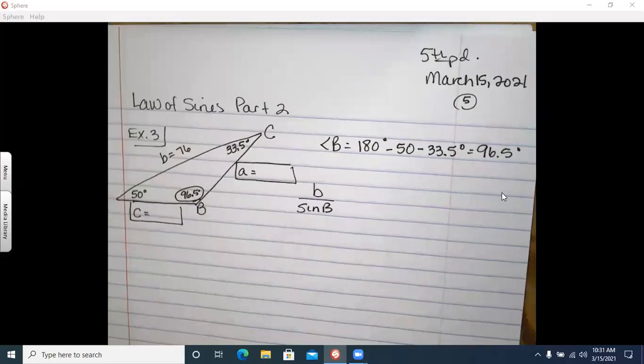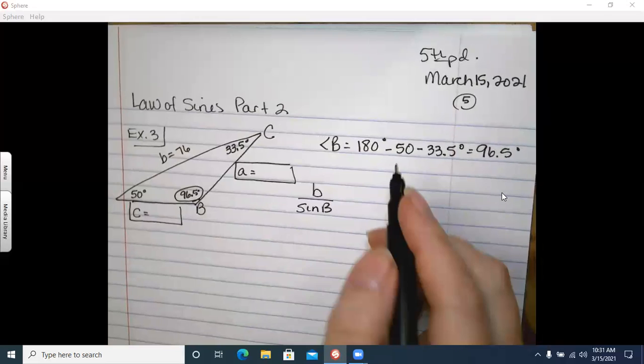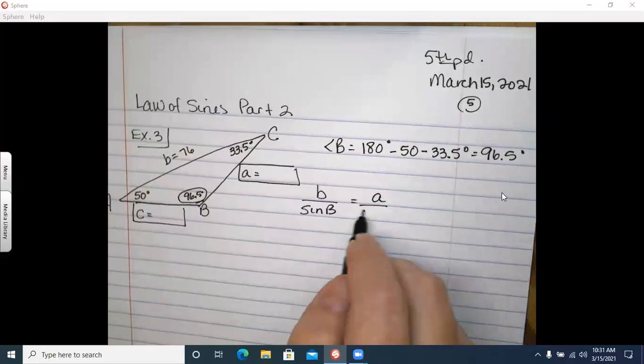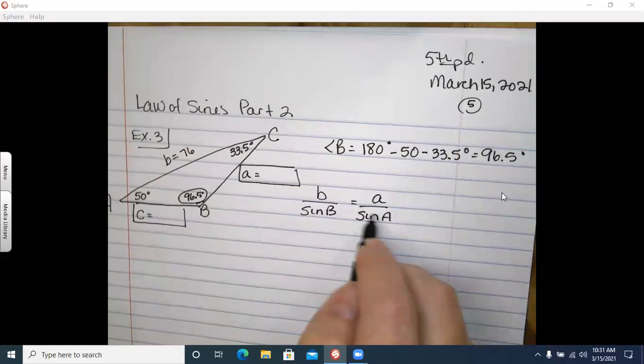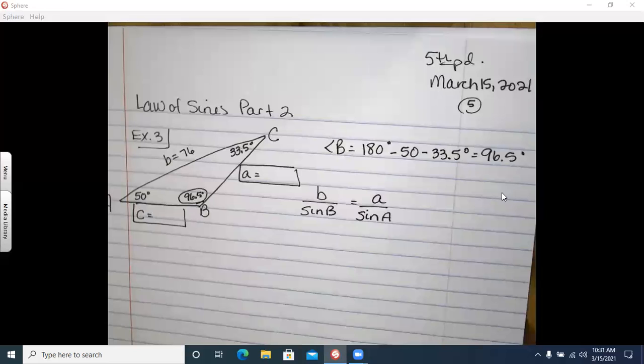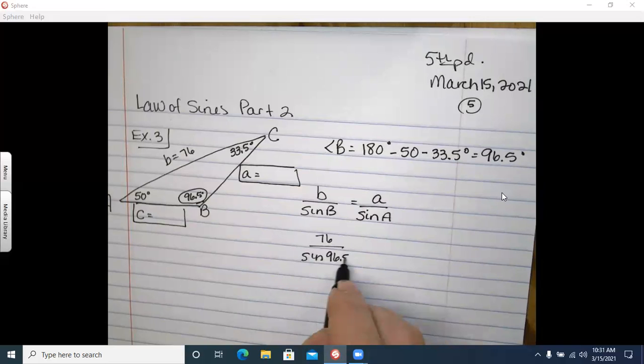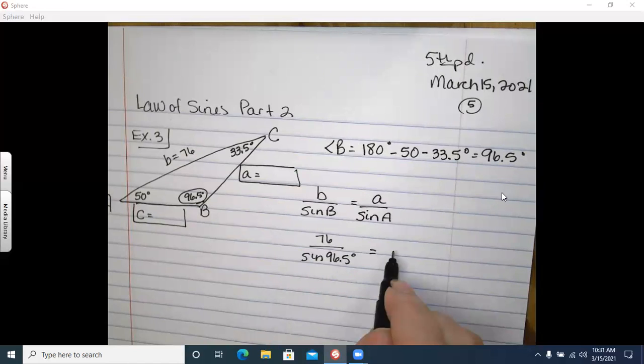So I'll start with A over sine of A. So B over sine of B is 76 over the sine of 96.5 degrees equals side A, which we don't know, over sine of 50 degrees.